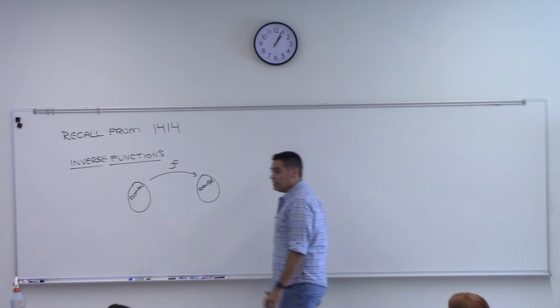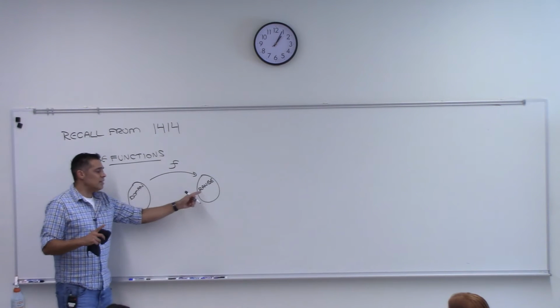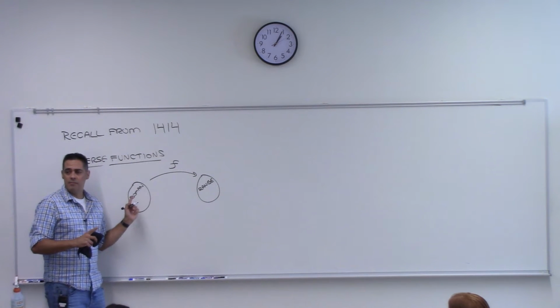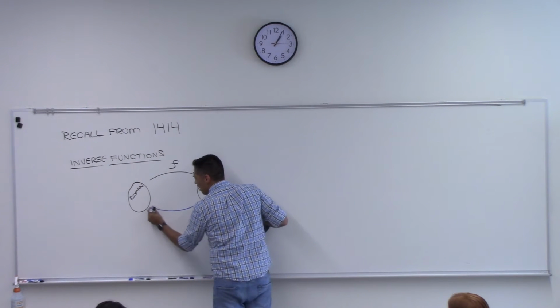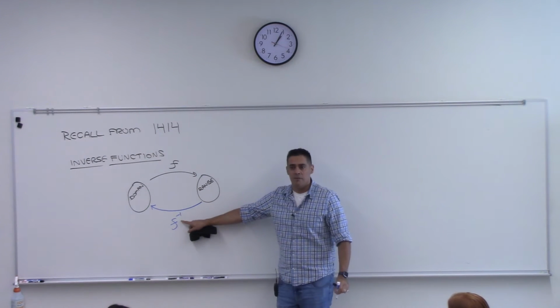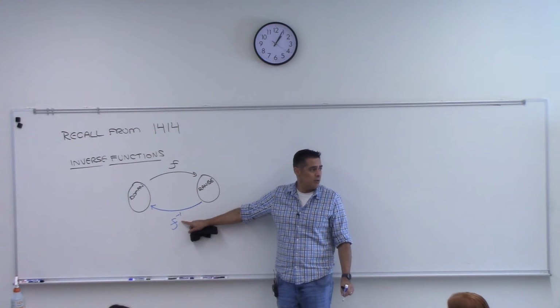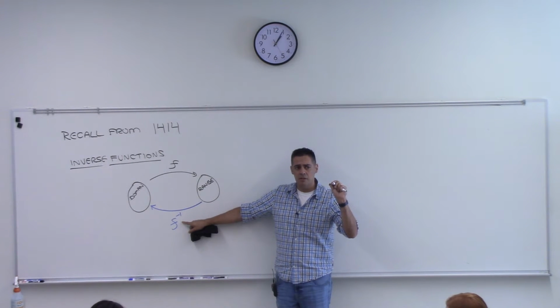Well, the inverse function is a function that sends everything over here back to where it came from. So it's some function that goes back this way, f, and we use a little -1 for the notation to let everyone know that we are talking about an inverse function. Does this look familiar from 1414? Yes?